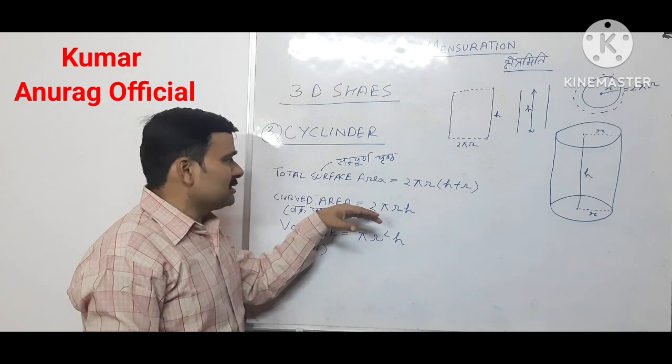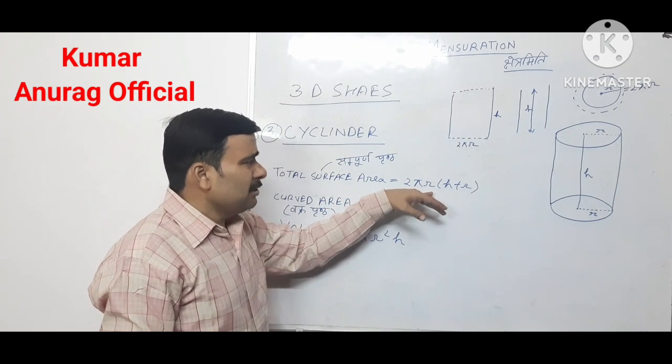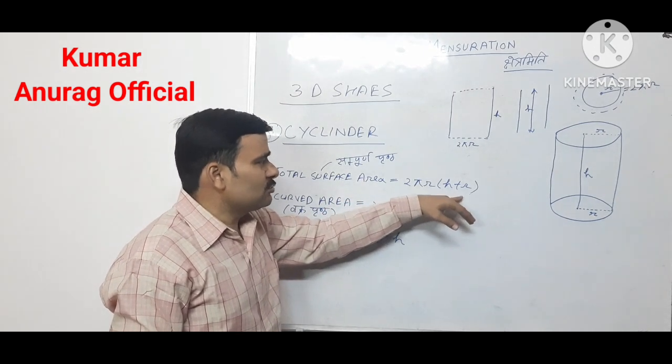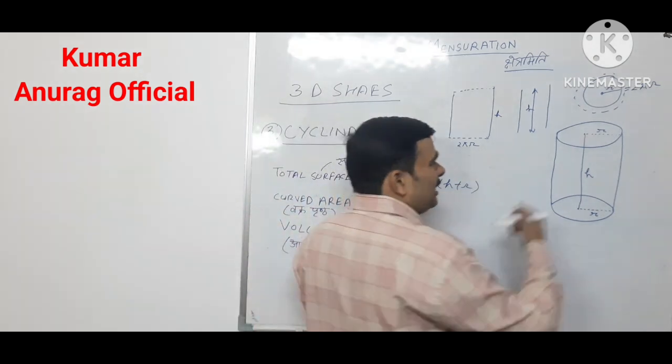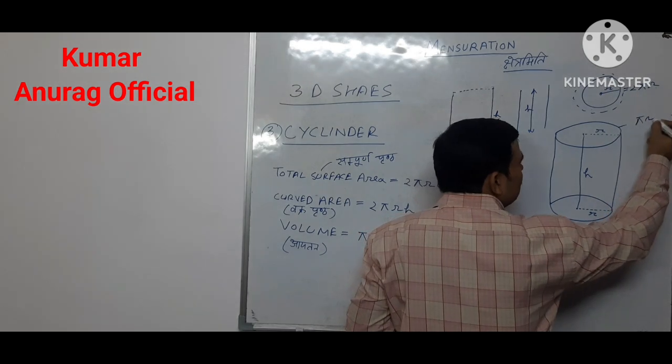that total surface area will be 2 pi r h plus 2 pi r square. How? As we know, the area of a circle is pi r square.